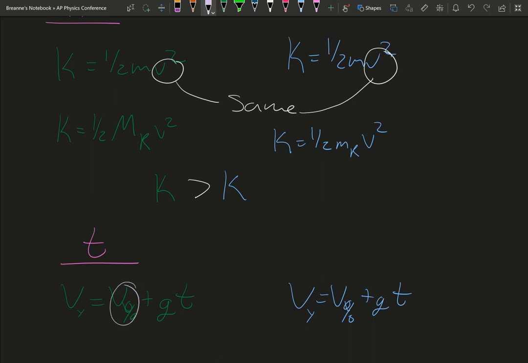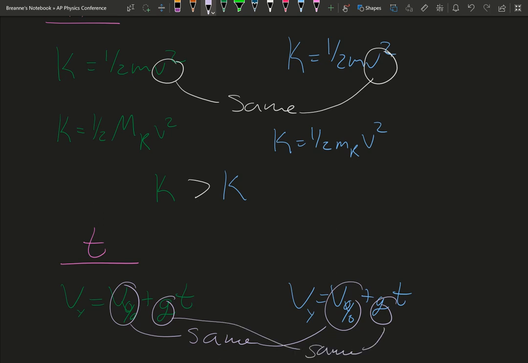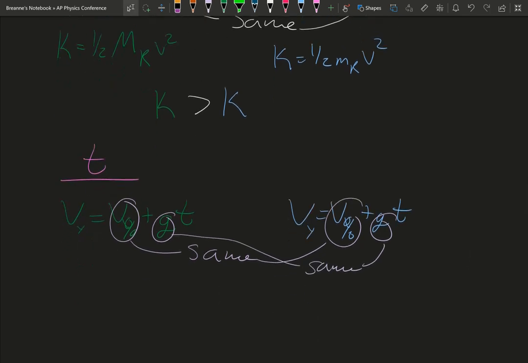We know that our initial velocity is the same, because it says it. We know gravity is the same, because guess what? We're still on Earth. We're not on Mars yet. And our final velocity would just be when it hits the ground. That's going to be 0. That's going to be the same, because guess what? They both hit the ground.